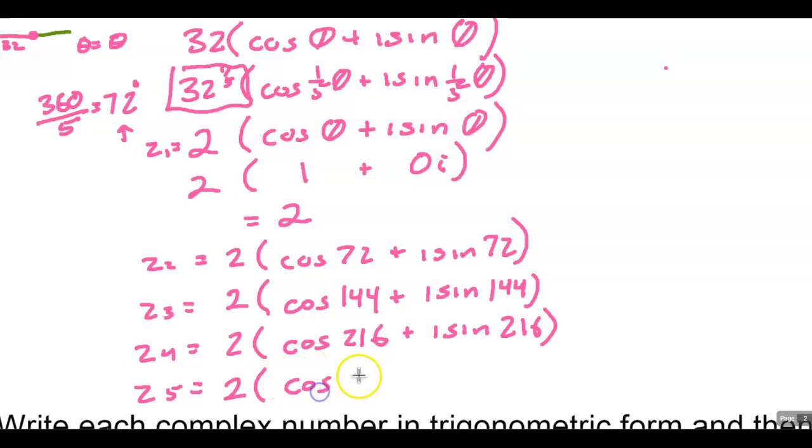So cosine 288. And if we kept on going, another 72 would put us back to 360, our first root. So it goes all the way around. And that's it for this problem. So we have all 5 roots, 2 being the only real one, and the other 4 that are still in trigonometric form because we don't know the sine cosines of these angles.